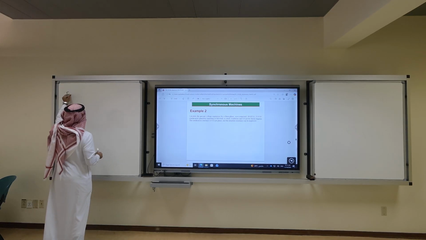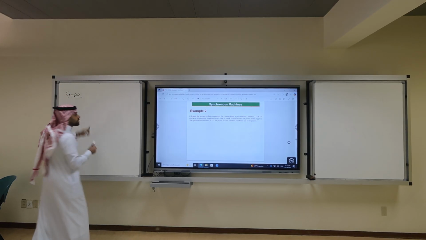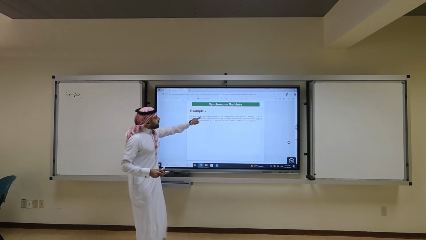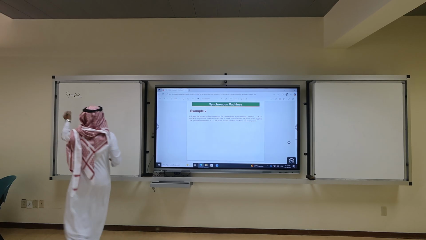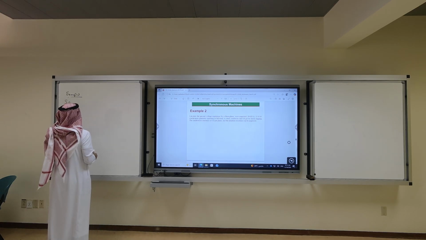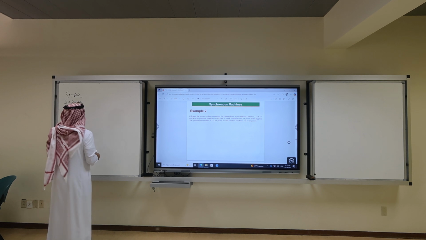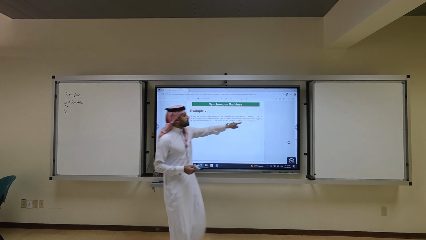So, example 2, what do we have? Calculate the VR for a 3-phase Y-connected 20 MVA generator. So, what is S? This is S rated, nameplate, 20 MVA. What is V line? We love line to line. This is 13.8 kV.